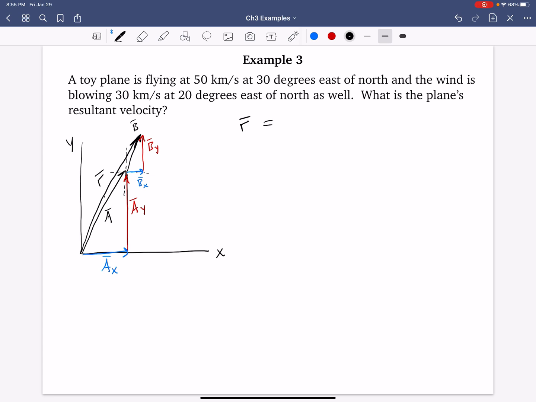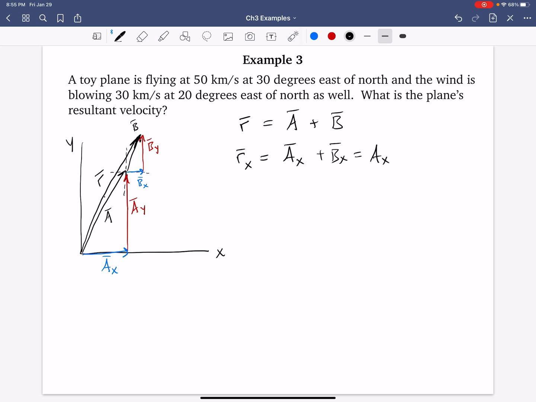Our vector equation, or the vector sentence, is simply A plus B. Okay, and then that in the x direction is equal to AX plus BX, right? And now is the time that you can put in minuses. So is AX negative? No, that's positive.